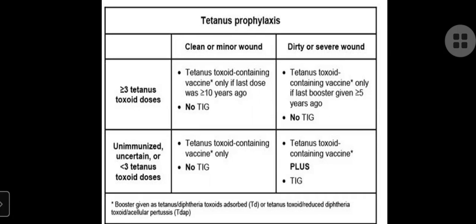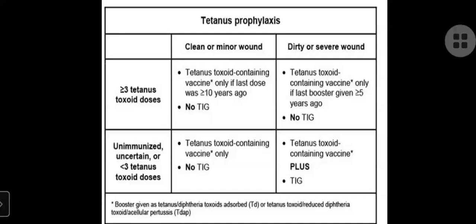It is the immunoglobulin or the ATS that we need to decide on, depending on whether the wound is dirty, severe, and whether he has not received the immunization or has received less than 3 of the immunization, but the TT is given to them all.